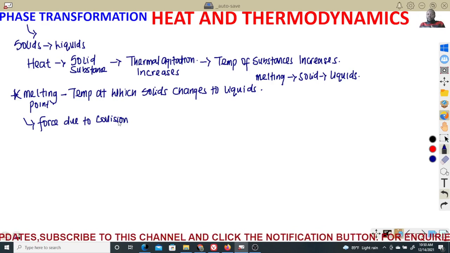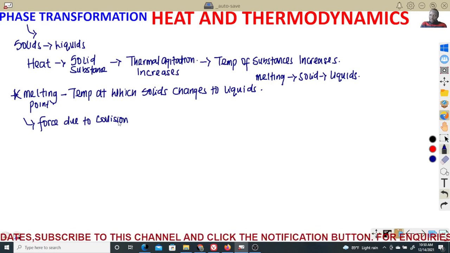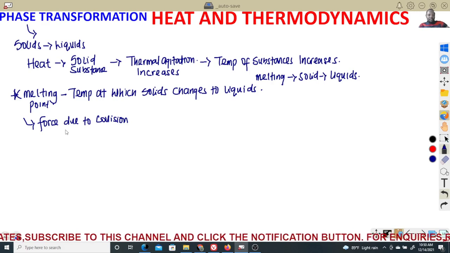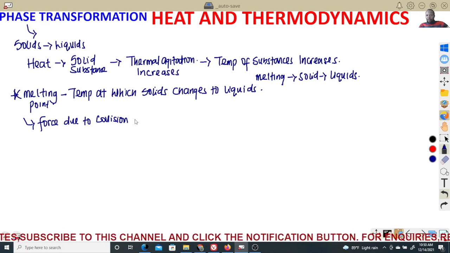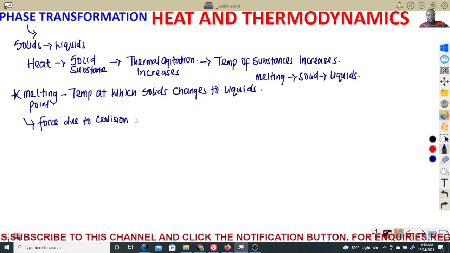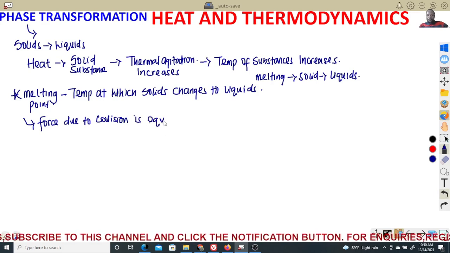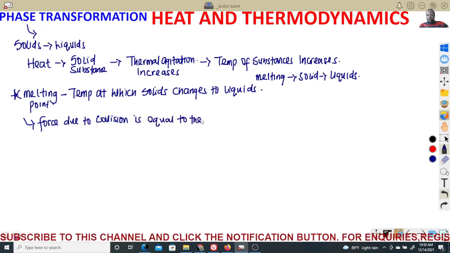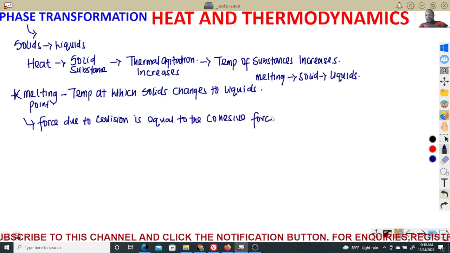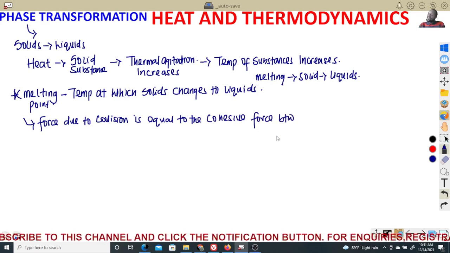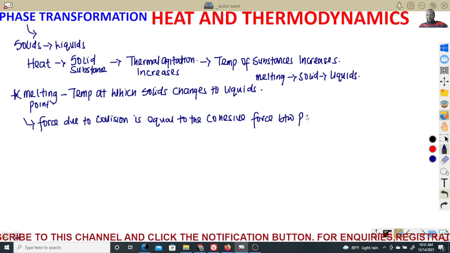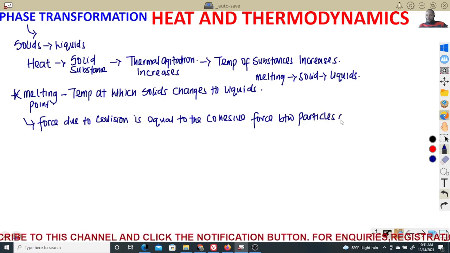increase the temperature. But there will be a point whereby this force, the thermal agitation, the force due to collision of solid substances, is equal to the coercive force between particles of solids.